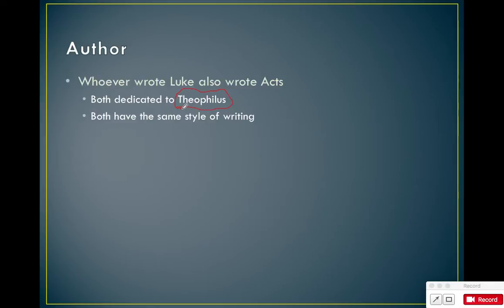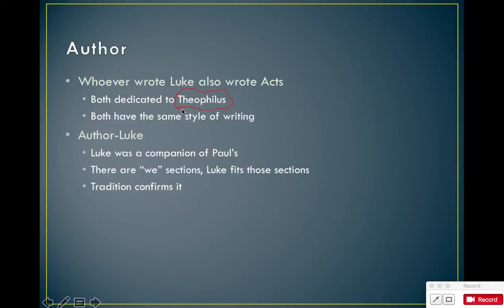So he must have had some money. Both Luke and Acts have a very similar style, which is very important in ancient books. When you're looking at how the person writes, how they form their sentences, how they use words, what kind of words they use, that style is very important in understanding authorship.